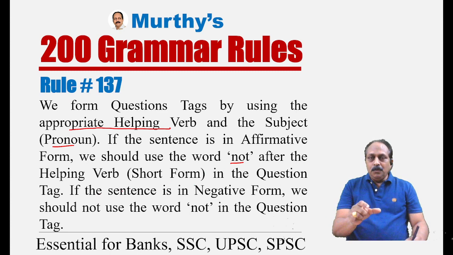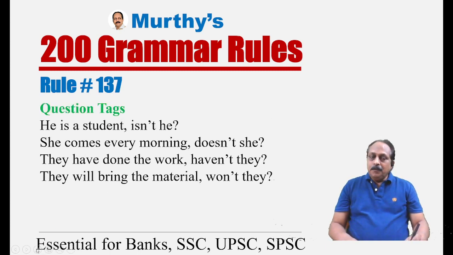That means helping verb plus not, but we have to use a short form in the question tag. If the sentence is in negative form, we should not use the word not in the question tag. Because the sentence is in negative form, in the question tag, we should not use the word not. These two dimensions you have to remember. And when you practice question tags, for every tense you have to practice both the sentences, affirmative and negative.